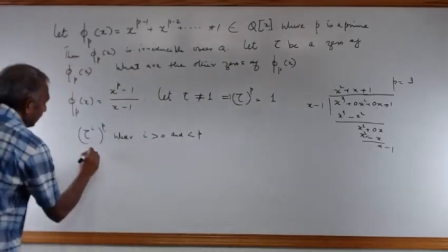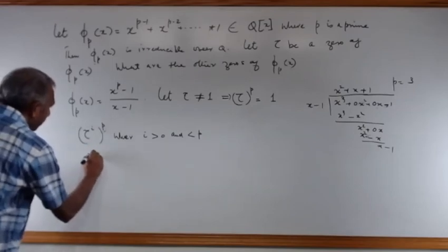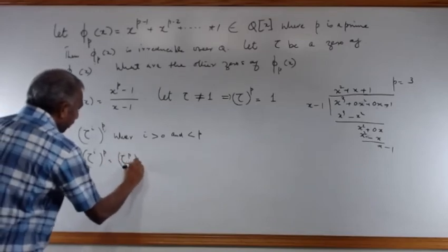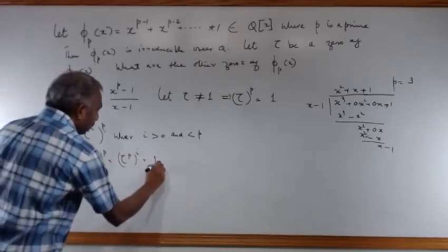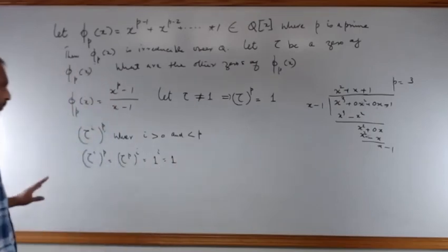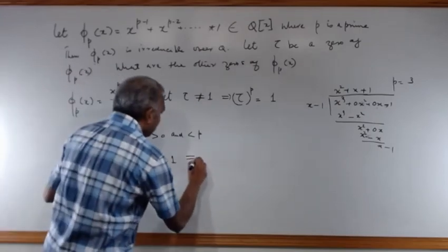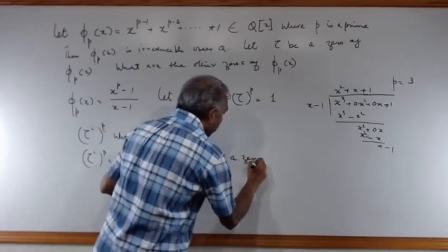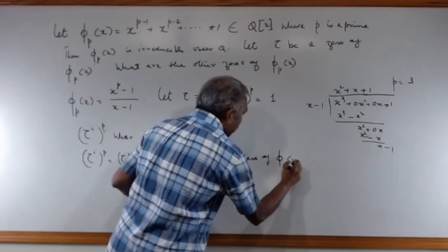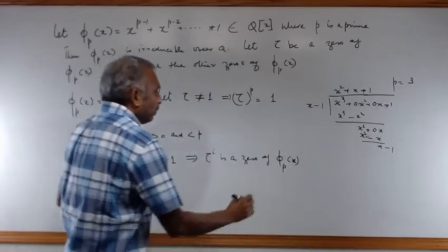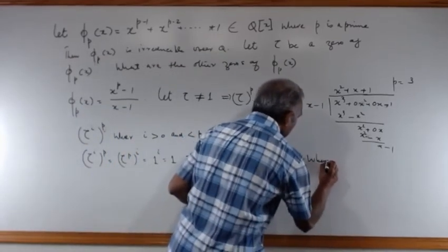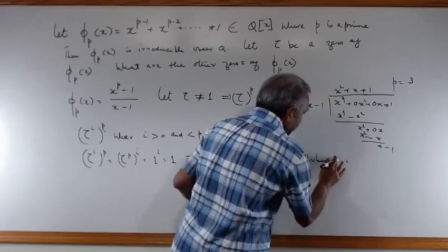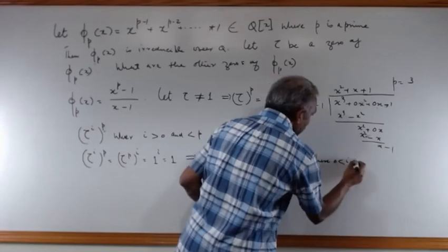So what does this mean? (ψ^i)^p is equal to (ψ^p)^i, and that's equal to 1^i, which is 1. That means ψ^i is a zero of Φp(x), where i is greater than 0 and less than p.